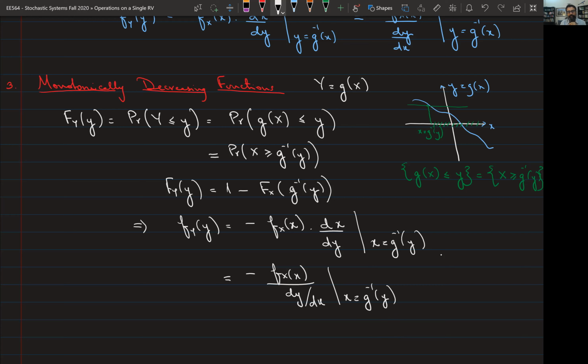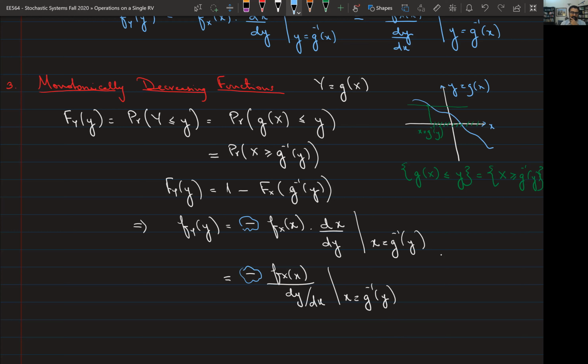So pretty much the same ideas as before, except that you have this minus sign here, when the function is monotonically decreasing.